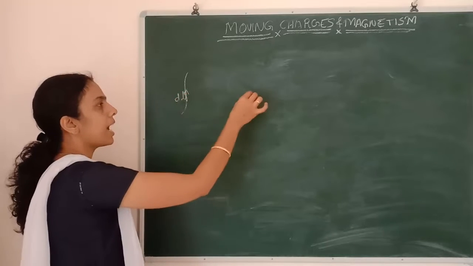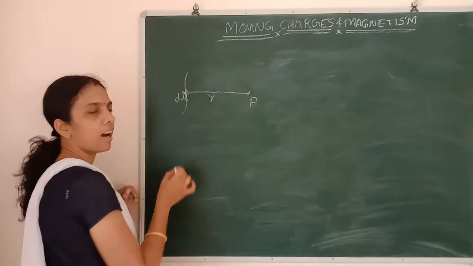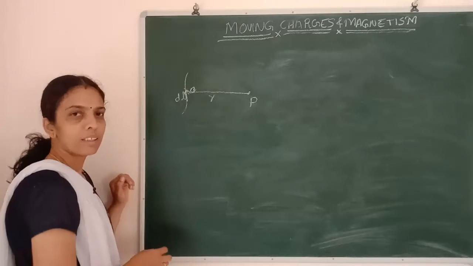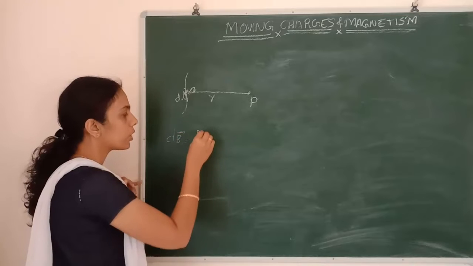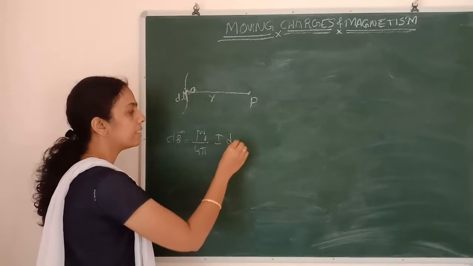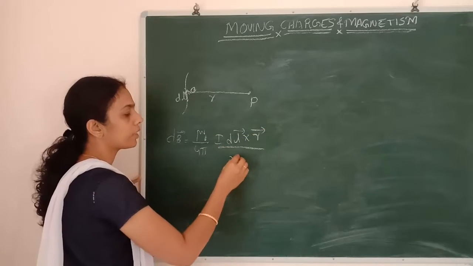The magnetic field at the point P, where this is R and this is theta, is dB equals mu 0 by 4 pi into I dl cross R by R cube.